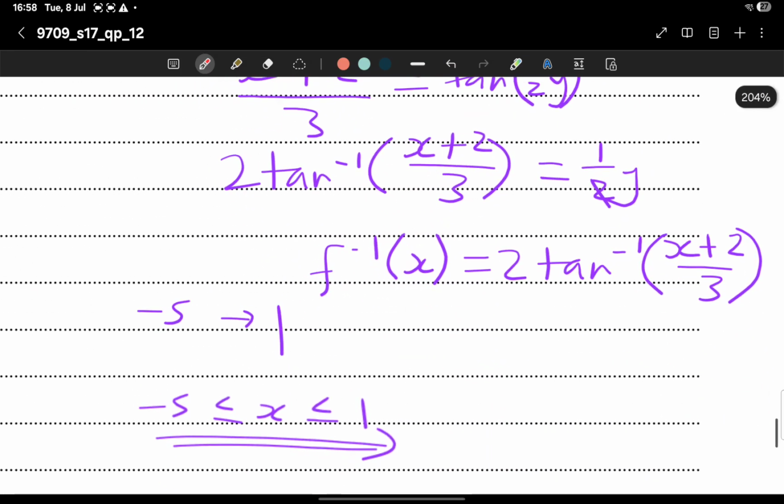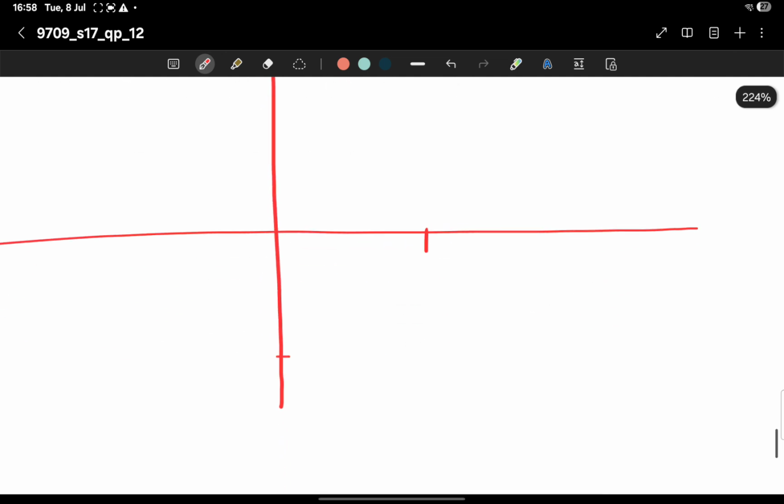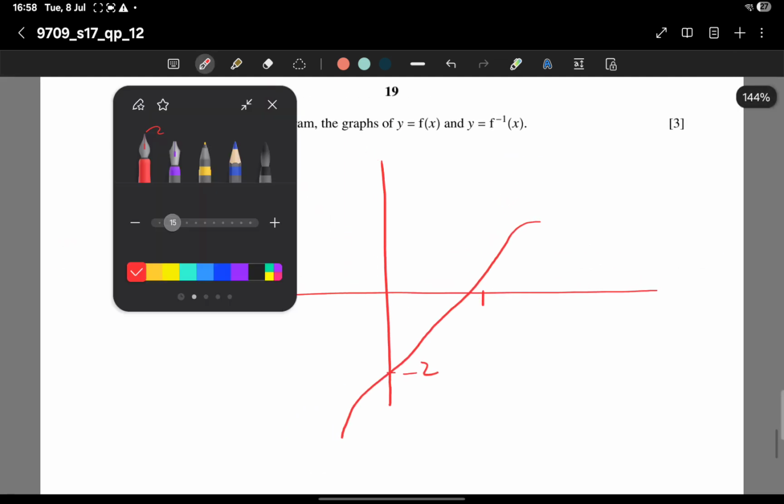All right, we know it's crossing on -2, like that. So in other words, it's going like this. Doesn't have to be perfect.